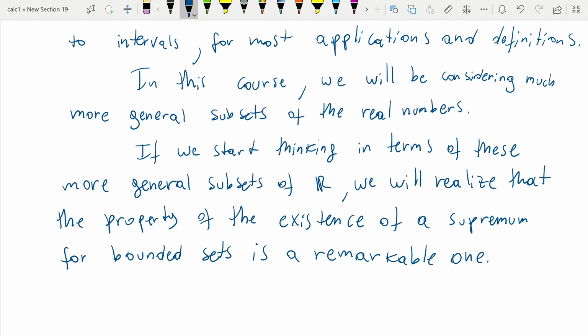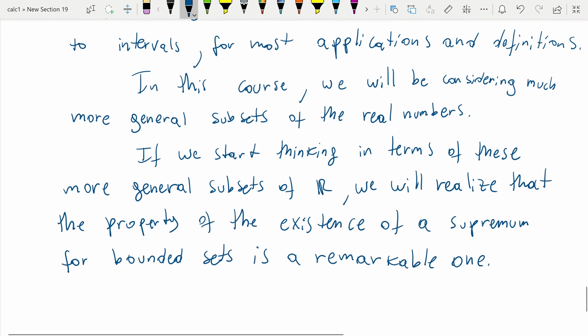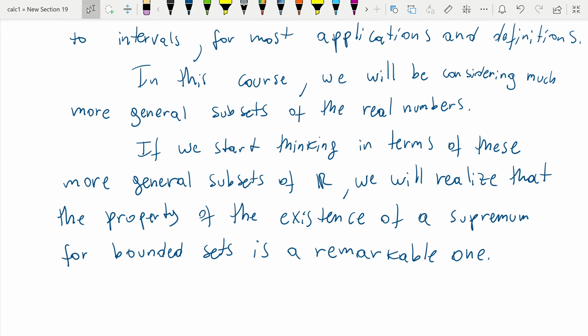So there's nothing ordinary or obvious about this property. Of course, if you think about, say, an interval AB, the supremum will be B.